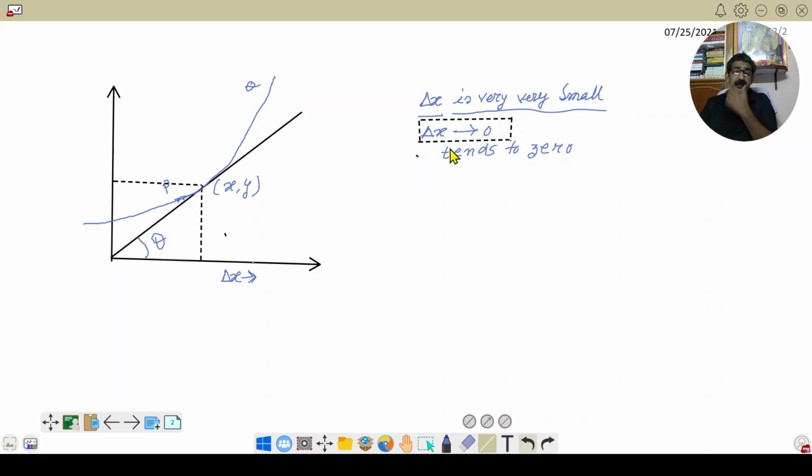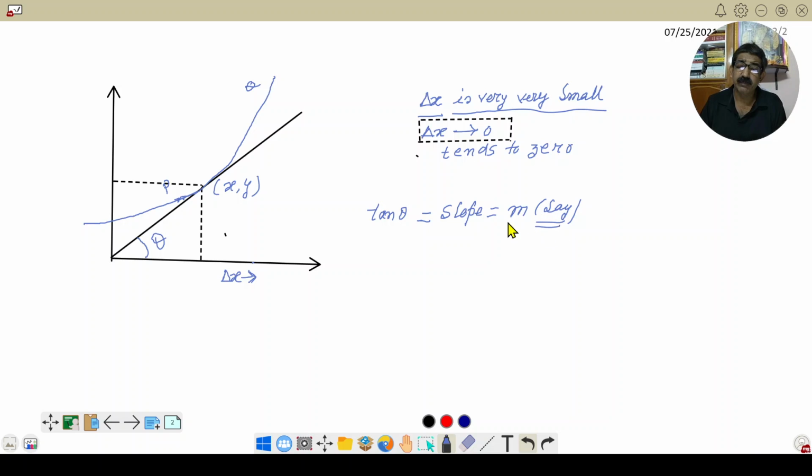Now when delta X tends to 0, tan theta is equal to the slope, and we are giving it a new name, m.